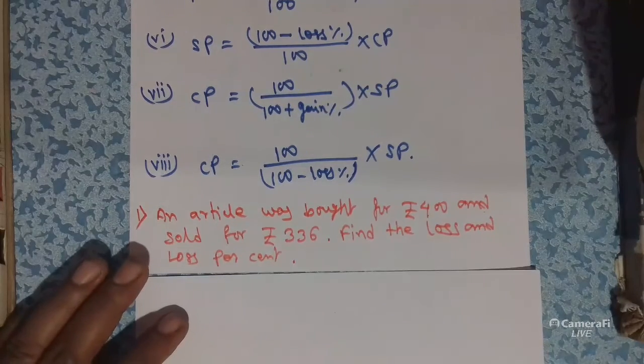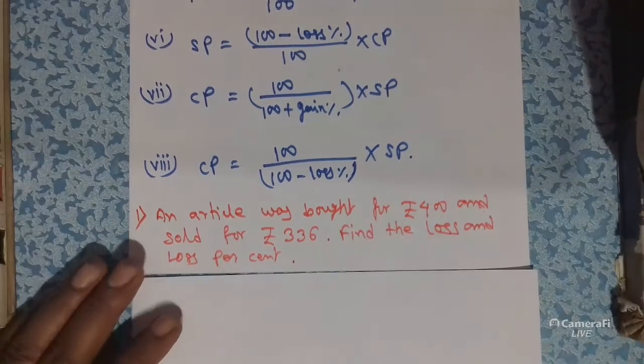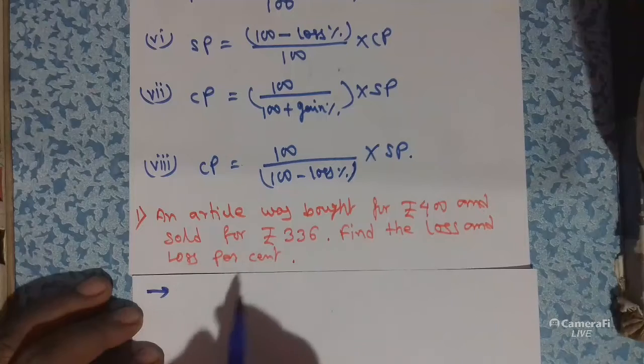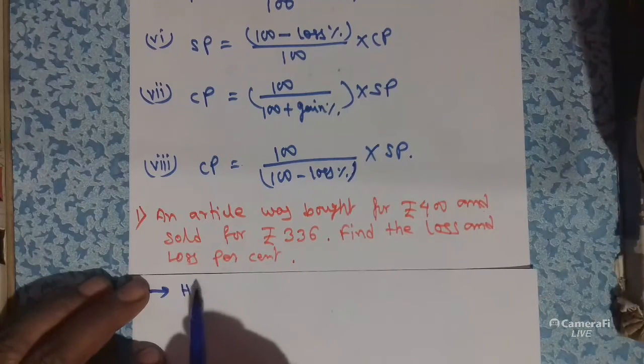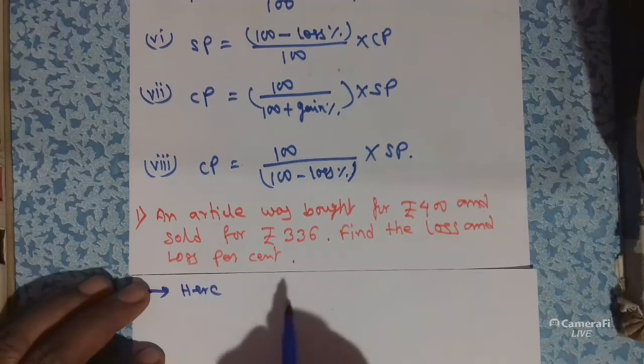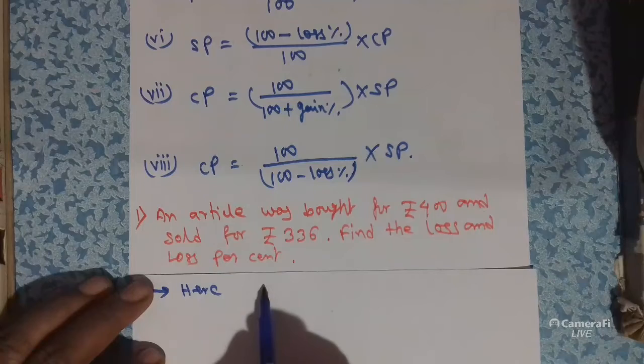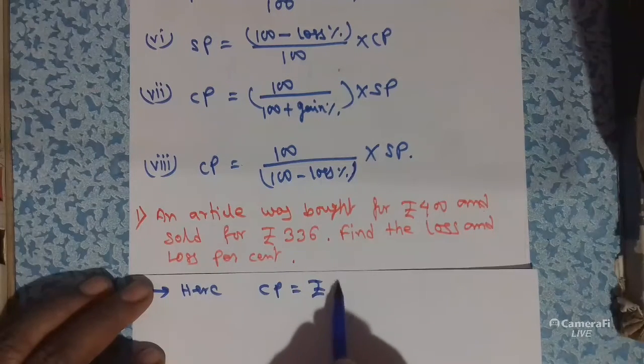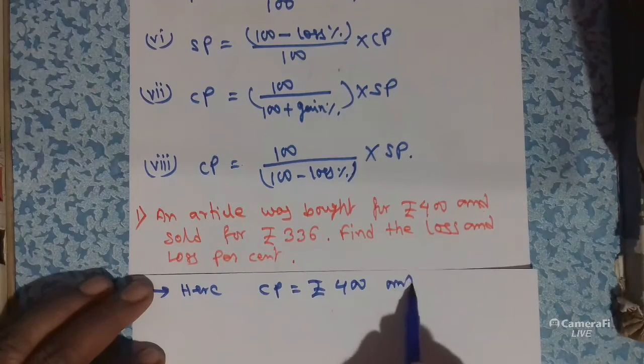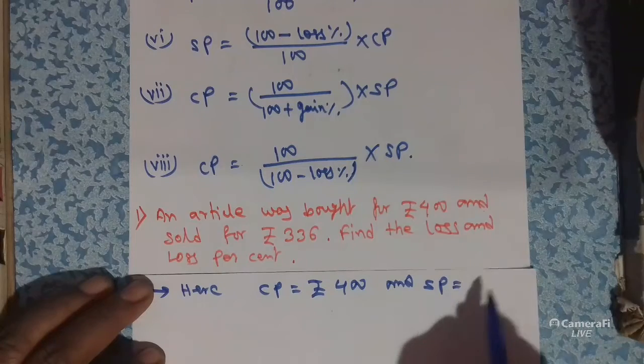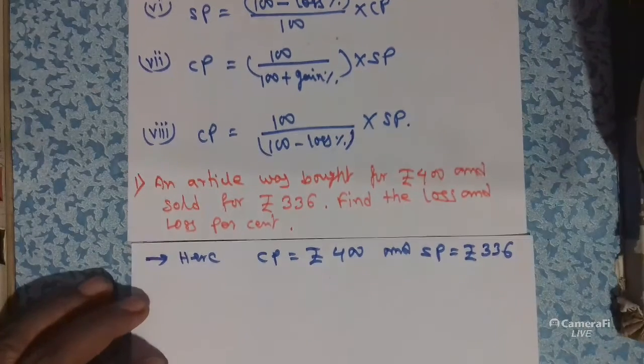So here CP is equal to rupees 400 and SP is equal to rupees 336.